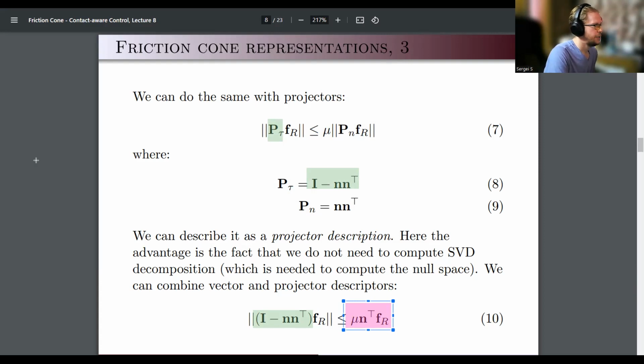Also, here it wouldn't matter much, but you could compute this, open the brackets, and compute it like f times n as a dot product. So it would be 3 multiplications, 2 additions. Then you can compute multiplication by n.